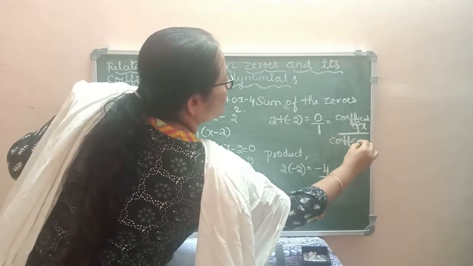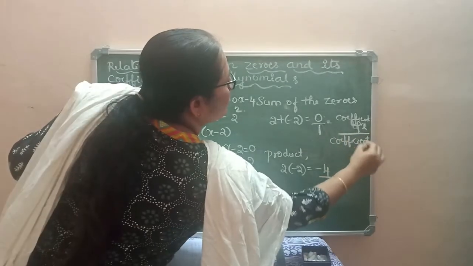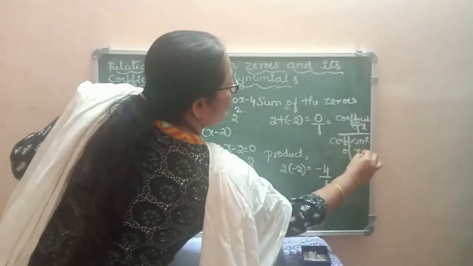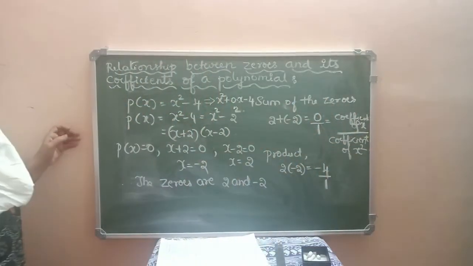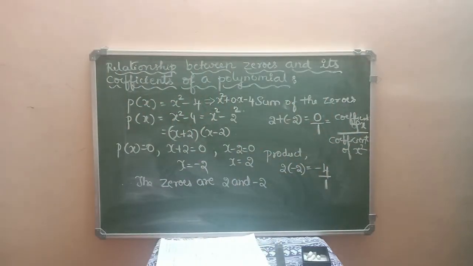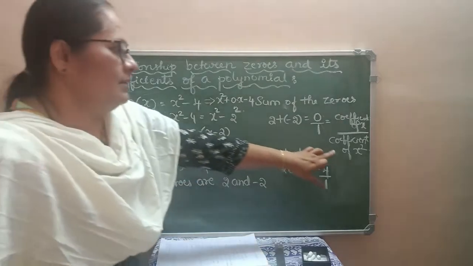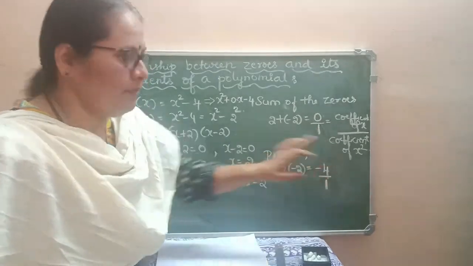Coefficient of x square. So 0 is the coefficient of x and 1 is the coefficient of x square.